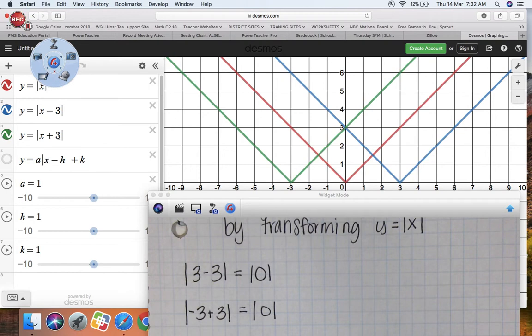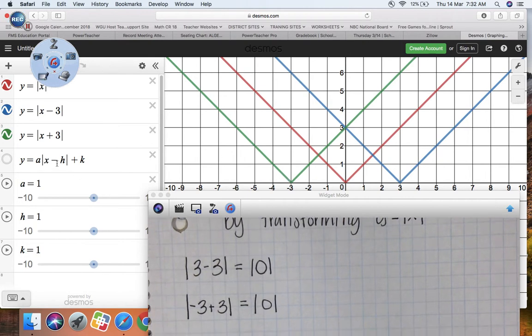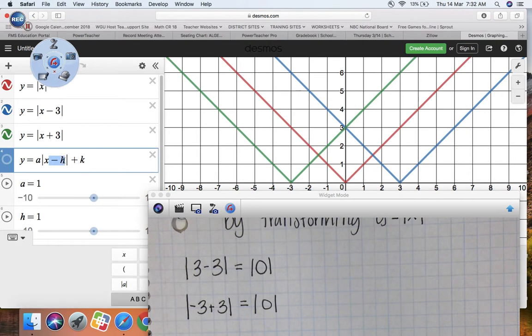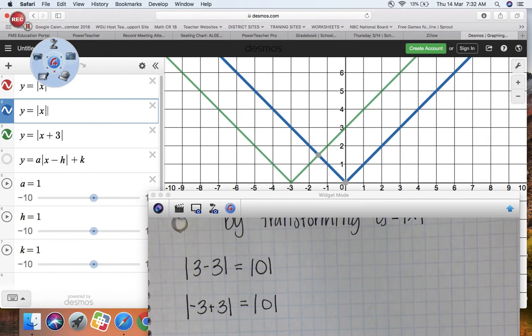If the 3 is positive, it's moving 3 to the left. So just keep that in mind. We're going to call that H, and that's going to do a specific thing to the graph each time.